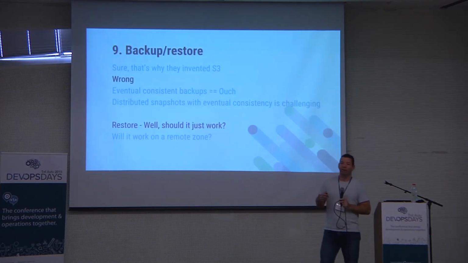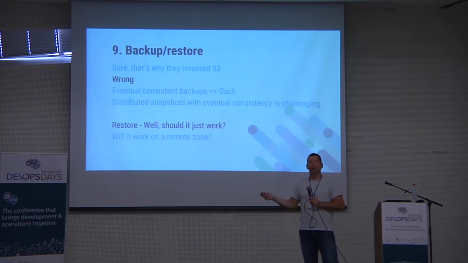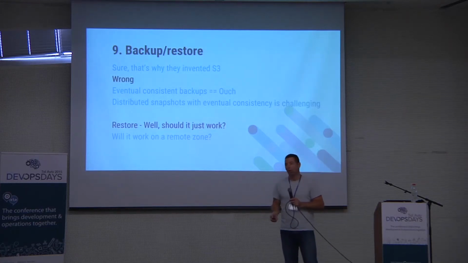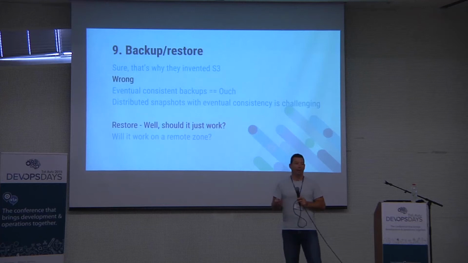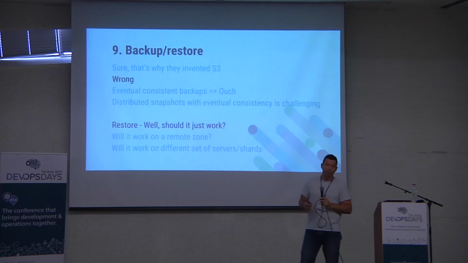But the problem with sophisticated infrastructure is that you're going to restore not necessarily on the same piece of hardware that you took the snapshot. Usually it means that you support multi-zone, so it will work in a different scenario with different IPs and potentially a different environment.